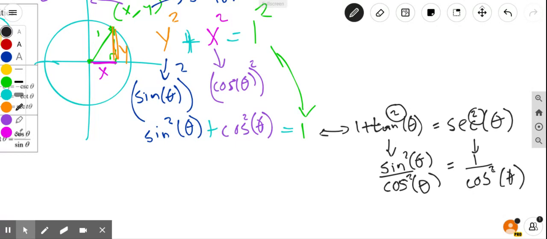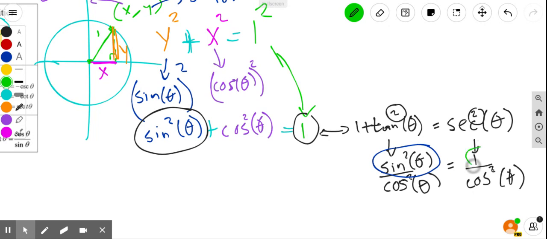Okay. I see the sine and I see the 1 because they are this numerator and this numerator respectively. I just have to figure out how this 1 would come from this cosine.